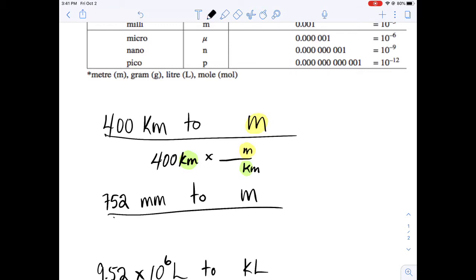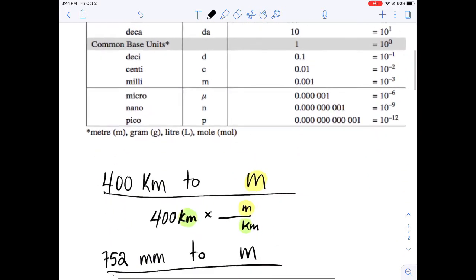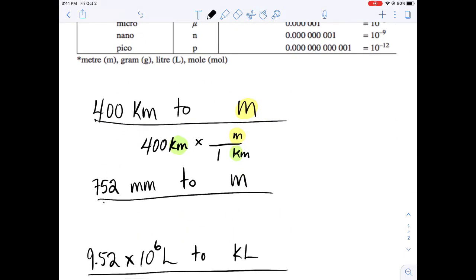The relationship between meters and kilometers, as we can see, is that 1 kilometer is 1,000 meters.